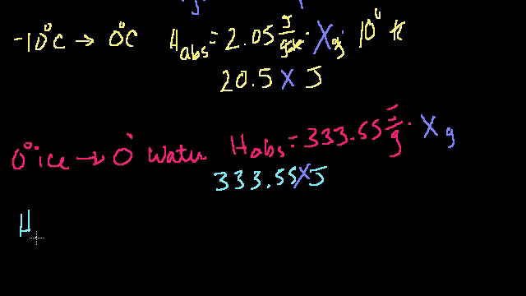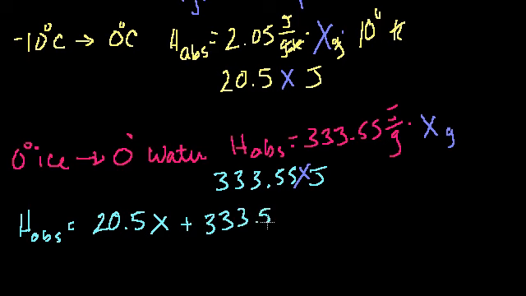Heat absorbed is equal to the heat it can absorb going from minus 10 to 0 degrees ice, and that's 20.5 X, where X is the number of grams of ice we have, plus the heat we can absorb as we go from 0 degree ice to 0 degree water, and that's 333.55 X. And of course, all of this is joules. So this is the total amount of heat that the ice can absorb without going above 0 degrees.